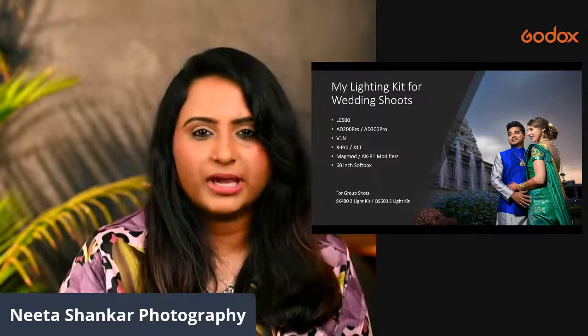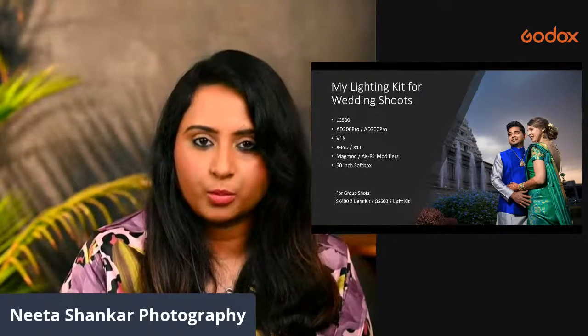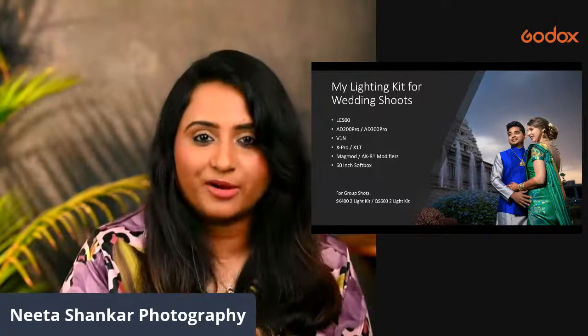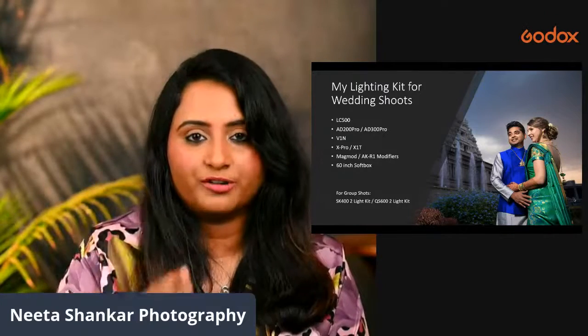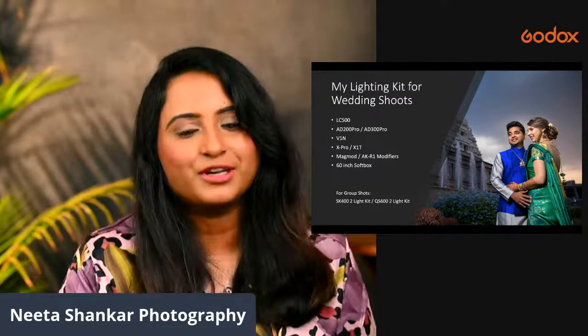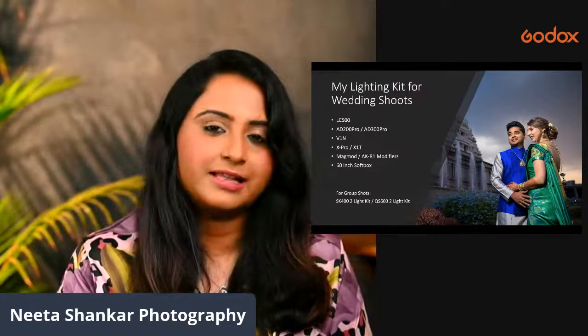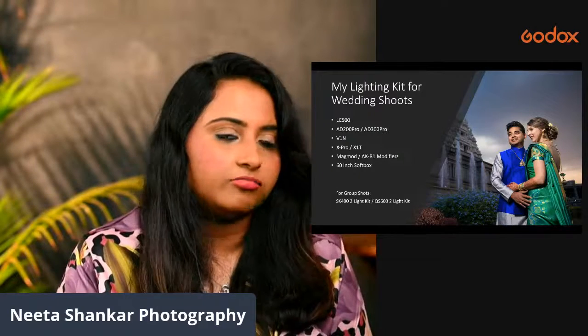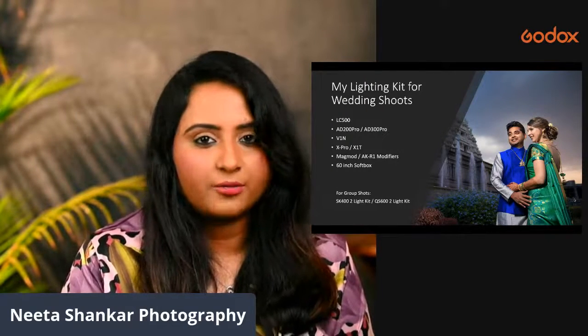Sometimes in weddings we get only like 2 to 3 minutes to make some portraits, and during those times, if we spend a lot of time on setting up our flash and getting the power output perfect, it may take time. So in such scenarios, I prefer to use the constant lights like the LC500 or LED 500 or LED 1000, or even LC500R, whichever is available.